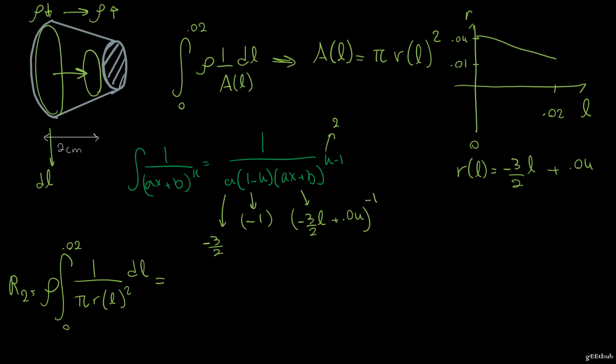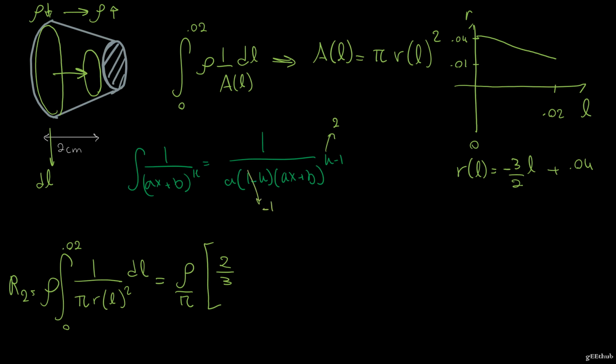So this is going to be our integral value, which I'm going to simplify with the following. I'm going to say it's rho over pi times 2/3, because I'm flipping the -3/2, which multiplies with this -1, times 1 over R(L) integrated from 0 to 0.02.